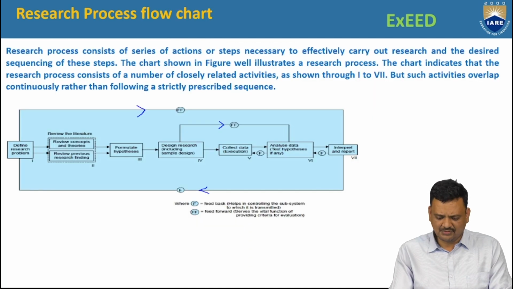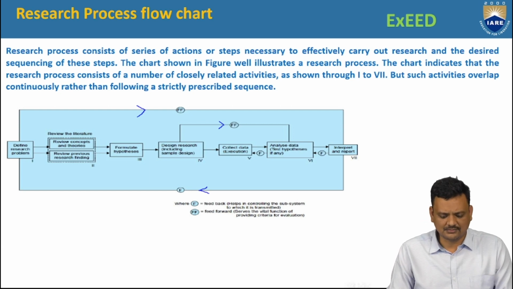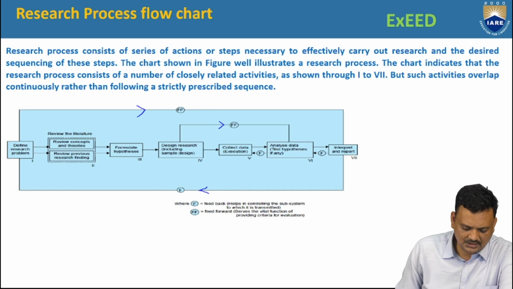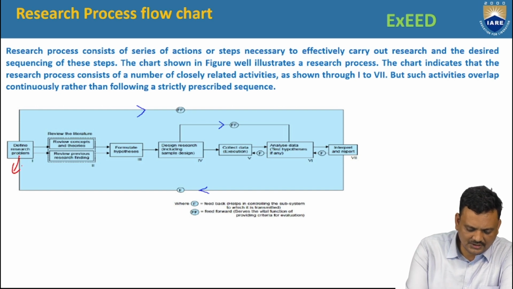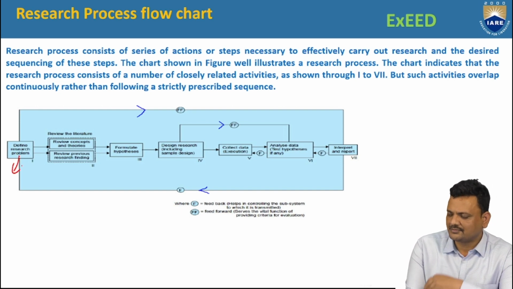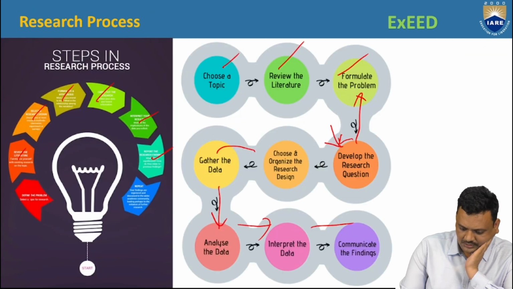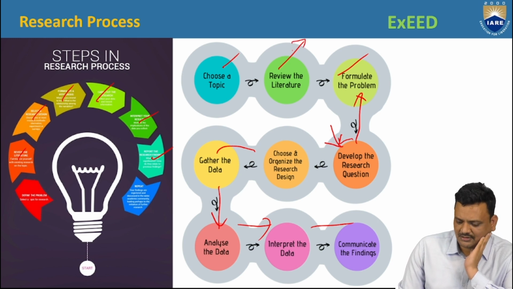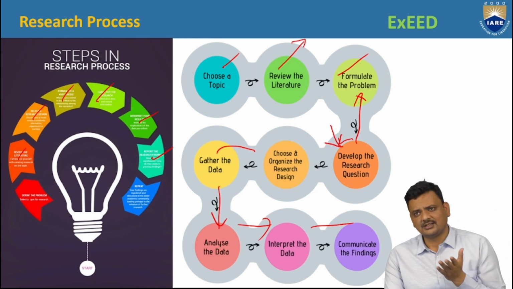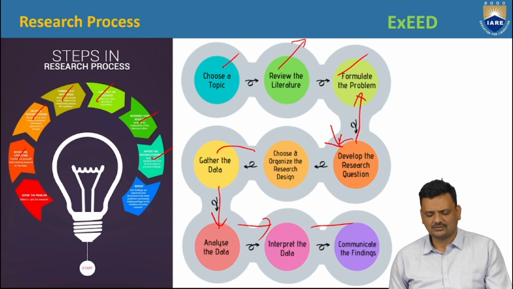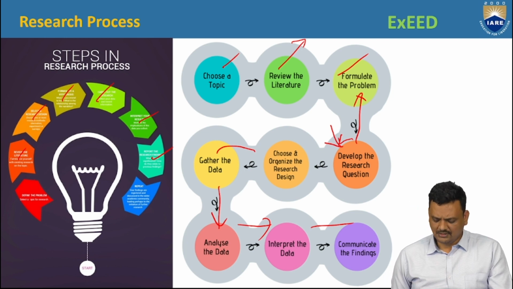Okay, with the help of a flowchart, I am also showing how you can perform your research. First you need to define your research problem. That is how you can define your research problem. First you need to review the literature, choose the topic, review the literature, so that you have basic knowledge of your field and can pick any problem.